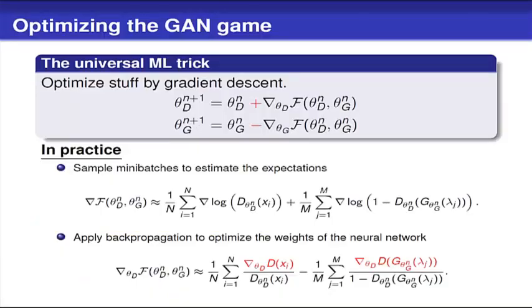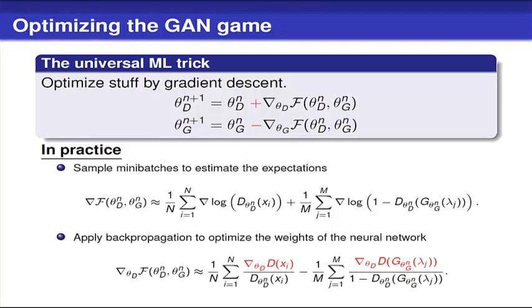Now, from a more practical point of view, what can you do to improve these functionals? D wants to improve the functional F, and G wants to decrease it.